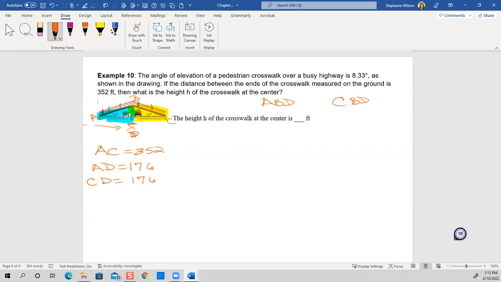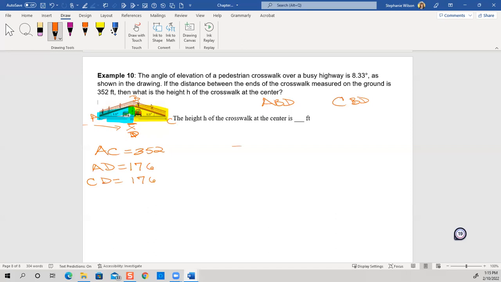Now angle A inside AD is known in the right triangle ABD. Use the trigonometric ratio for angle A to find the height H. If alpha is an acute angle of the right triangle, then the sine, cosine, and tangent ratios of alpha are also given, okay? So I'm going to use tangent to solve for this.